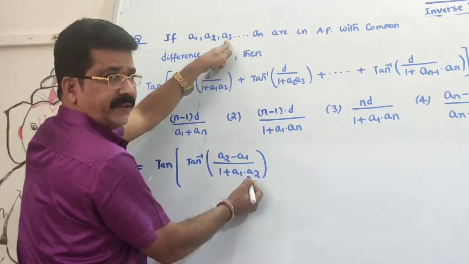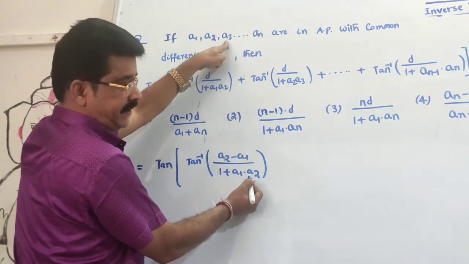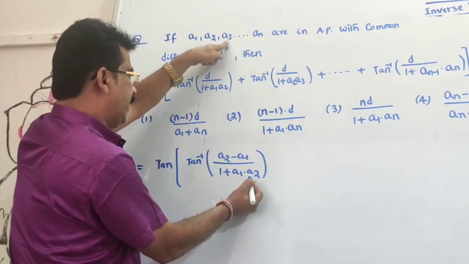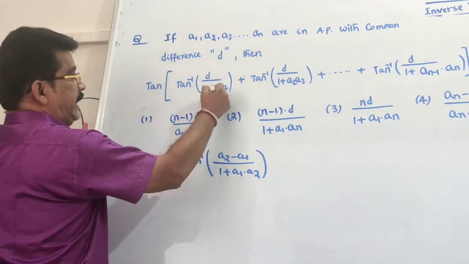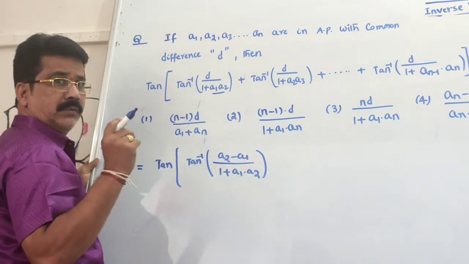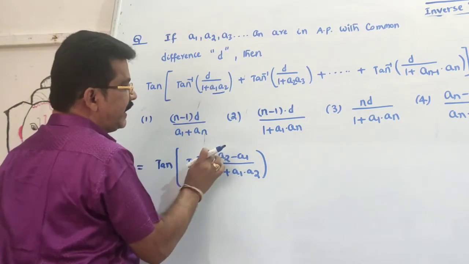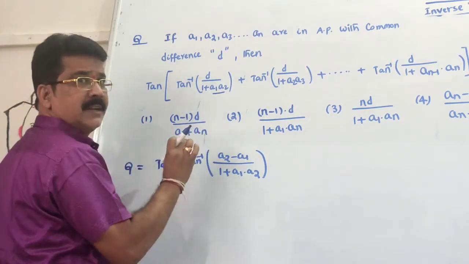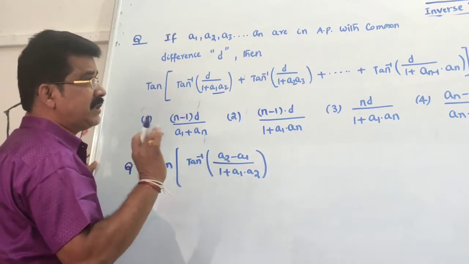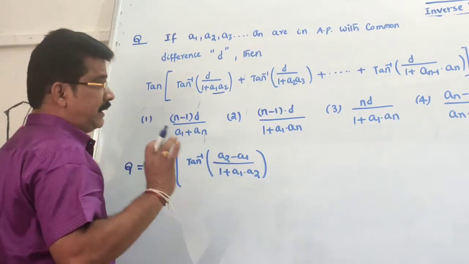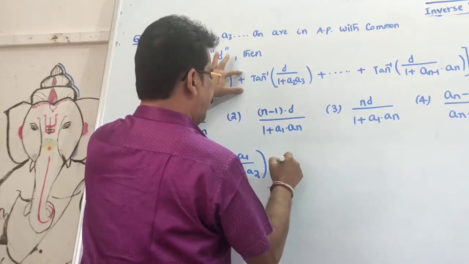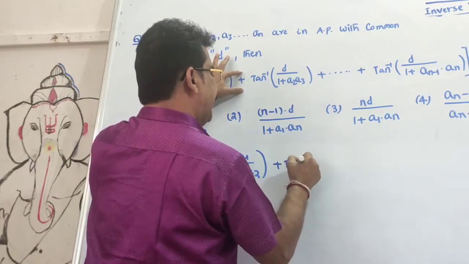We can take any difference because it is common difference, d. Next, here A1 into A2 terms are there. That's why with respect to these two terms, we are taking the common difference. You must catch it. Otherwise, this question will become very tough. Next, the second term, plus tan inverse of.